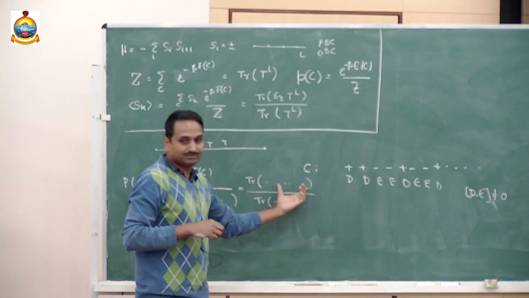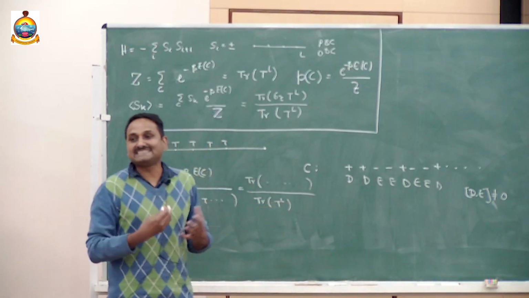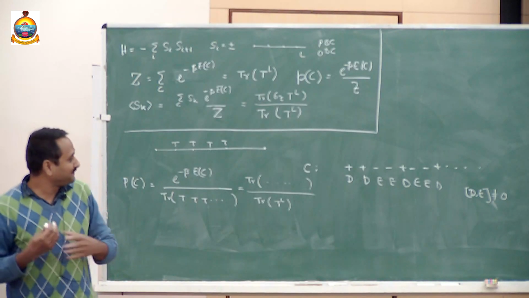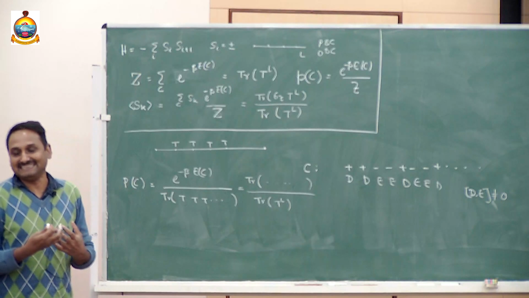So for every configuration you do this, and now you can see T. What is T then? If you have matrices D and E, can you represent T in terms of D and E?